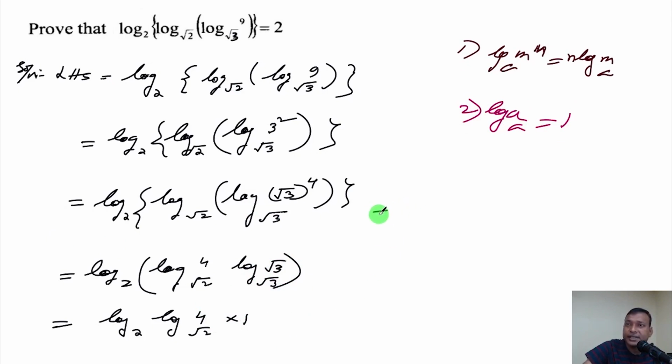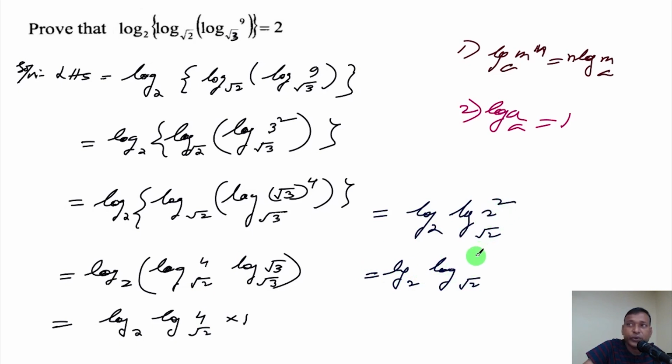Further, this 4 I can write as log 2, and for this 4 we will write 2 square, and the base is root 2. So log root 2, and this 2 square can be written as root 2 power 4.